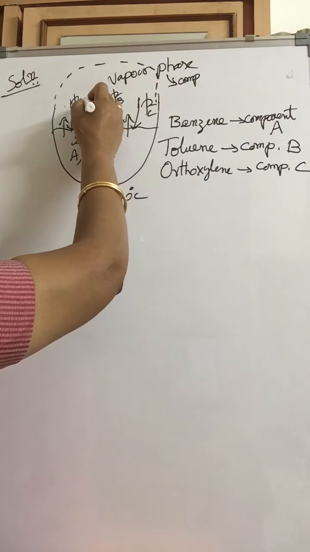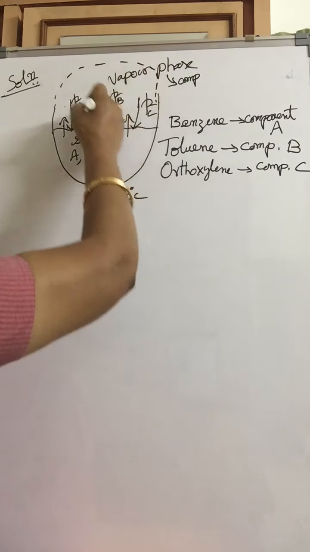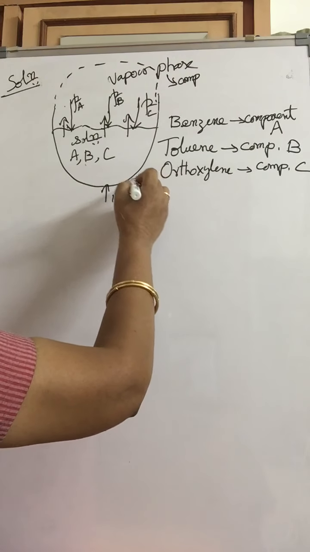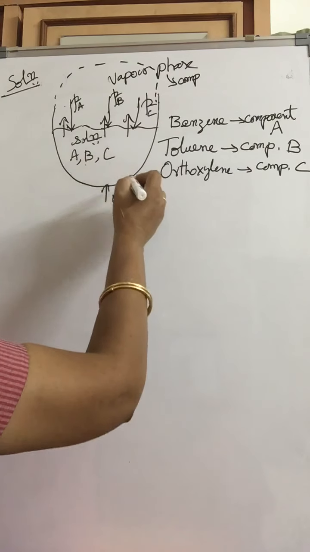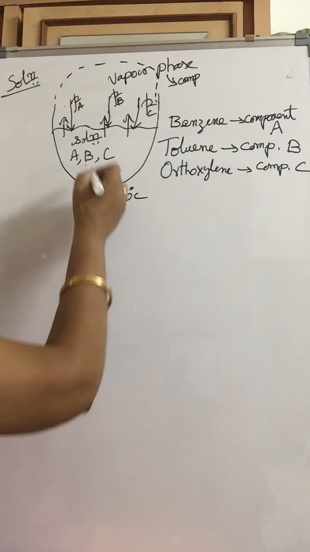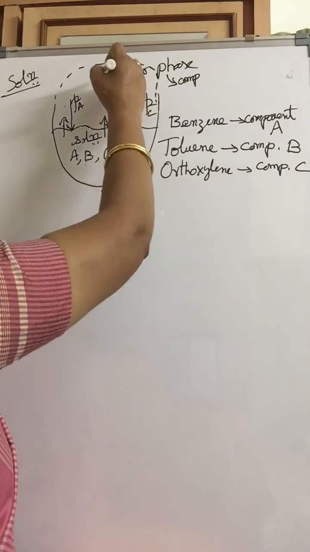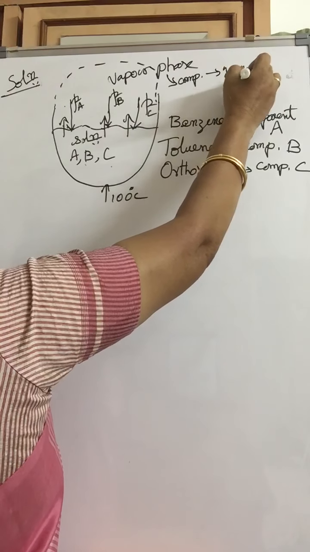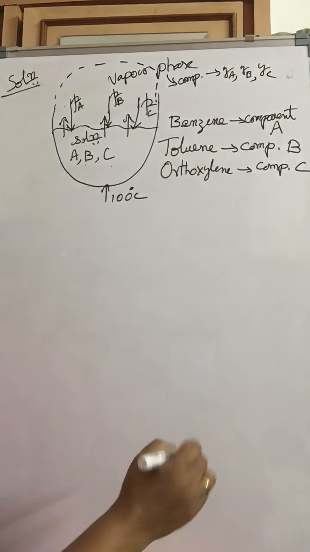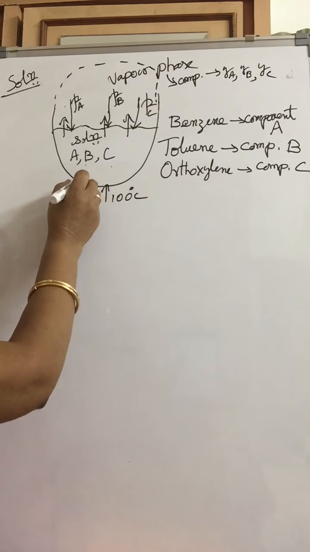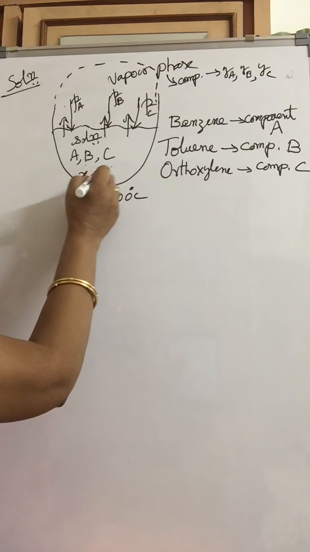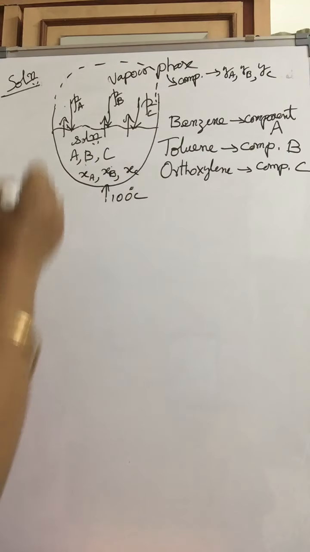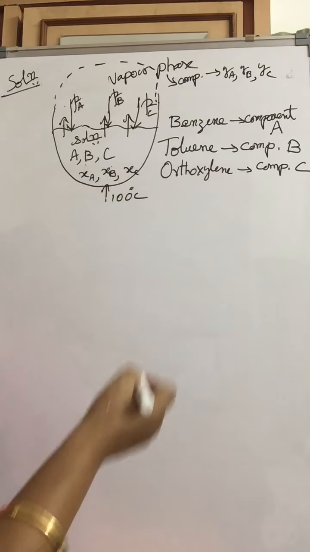What is the percentage composition of this vapor? The percentage composition of the solution is given in the problem, because we prepare the solution, so we know how much of each one we have mixed. So we know this composition, and we need to calculate that composition. The vapor composition is represented by Ya, Yb, Yc, and the solution composition is Xa, Xb, Xc. The explanation of Raoult's law was given in the previous video.